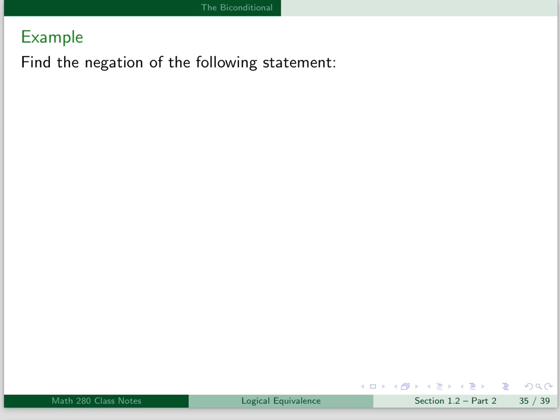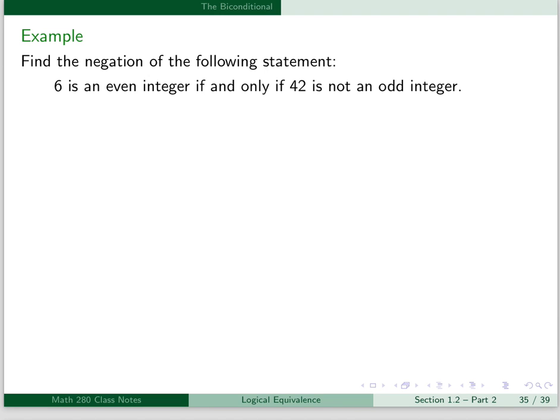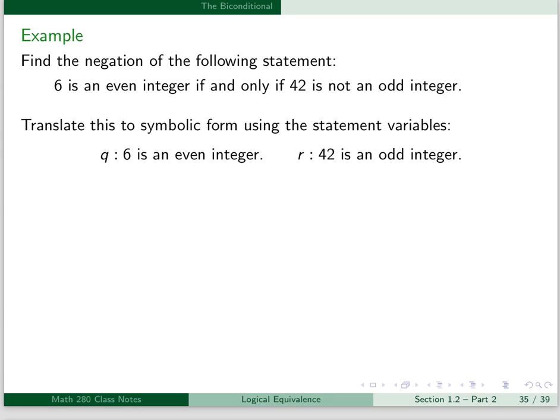For an application of the formula, let's find the negation of the following statement. 6 is an even integer if and only if 42 is not an odd integer. Translate this to symbolic form using statement variables: Q is 6 is an even integer, and R is 42 is an odd integer.